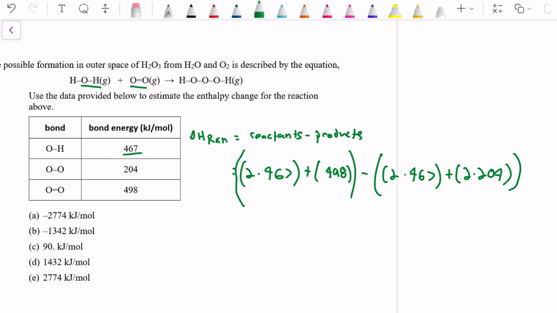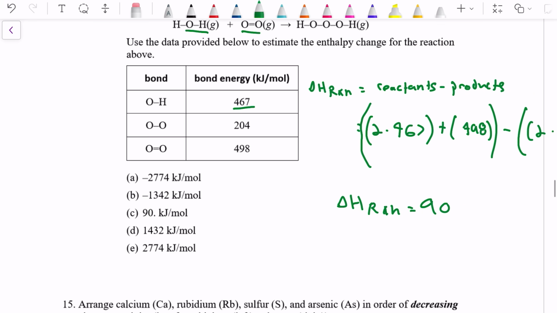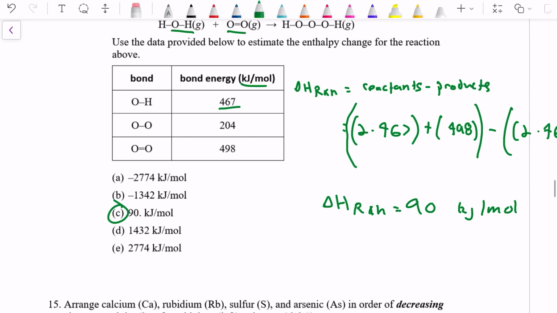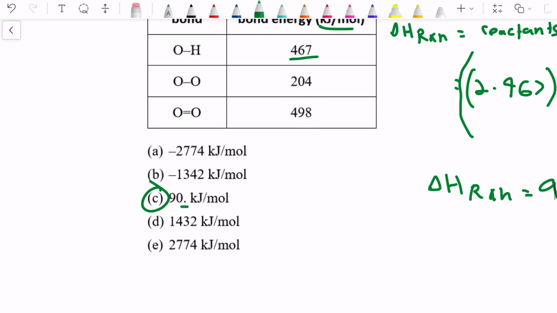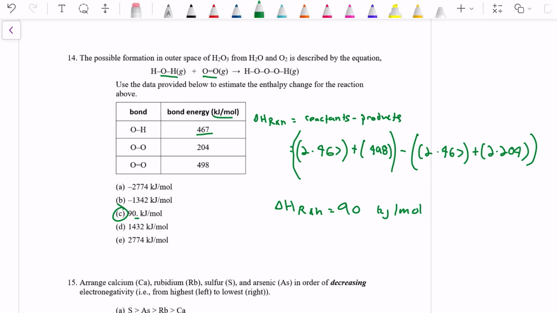Reactants minus products, delta H reaction equals 90. Yeah, they got 90, and that's in kilojoules per mole. I'm just looking at that decimal place. I don't know if that's a sig fig thing. Anyways, it doesn't matter, because none of the other choices are going to be chosen, so I'm not going to worry about it. 14C.